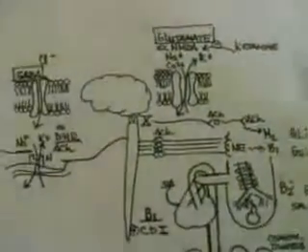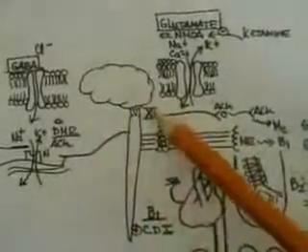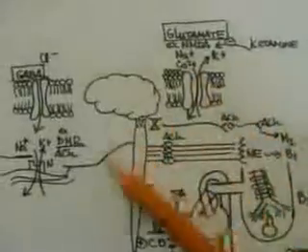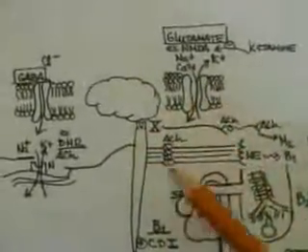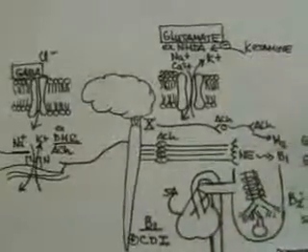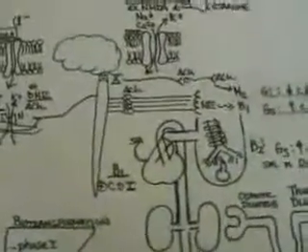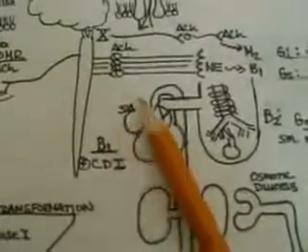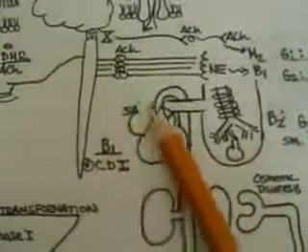Then we'll talk about the autonomic nervous system in the sense of the parasympathetic tone and the sympathetic tone. We'll talk about how these tones affect primarily the cardiovascular and the pulmonary systems. The SA node contains the muscarinic 2 receptors and the beta 1 receptors.